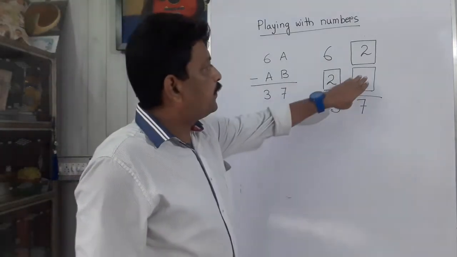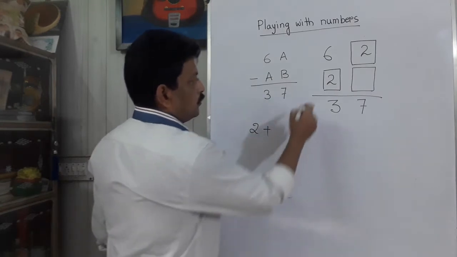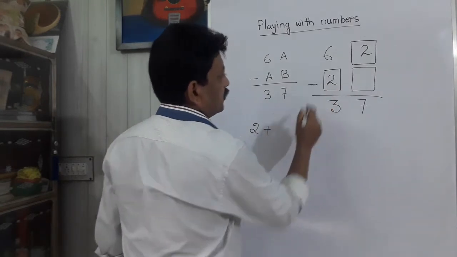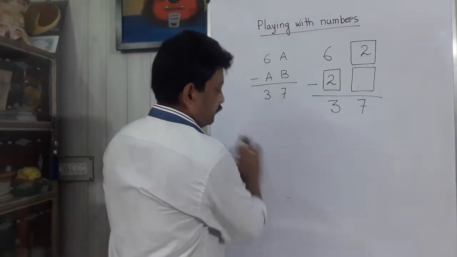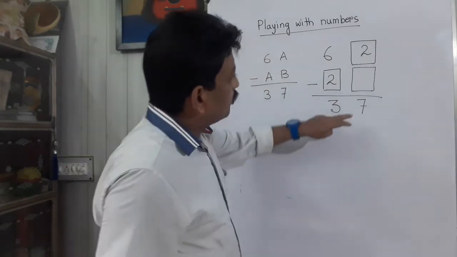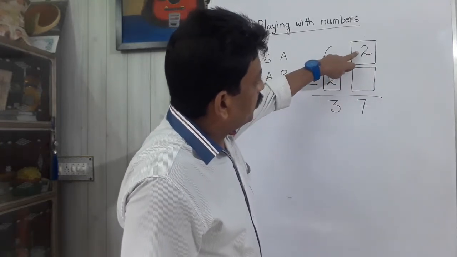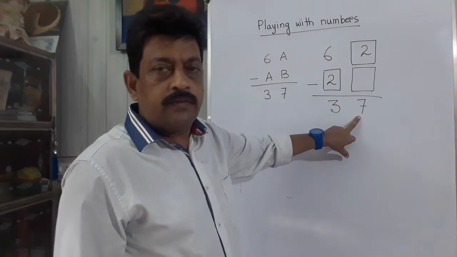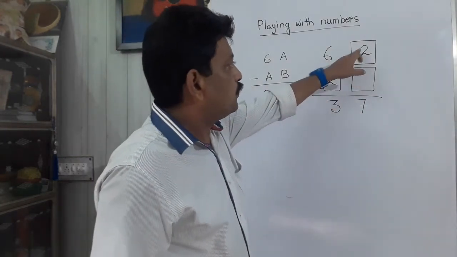Now, since here it is a case of subtraction, here we have to find 7, which means after subtraction we will get 7. Now this is 2.